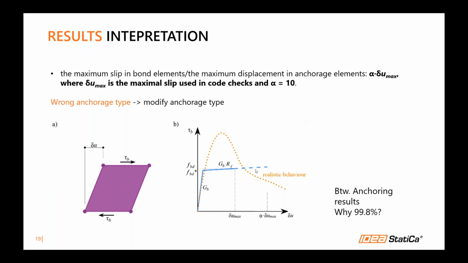Also, you can even get some results above 100, because the maximum criterion used for the stability of the calculation is 10 or alpha multiplied by the ultimate limits. So there is the stop criterion, and there is the 100% ratio of the stresses.